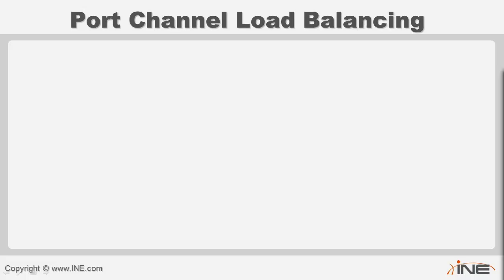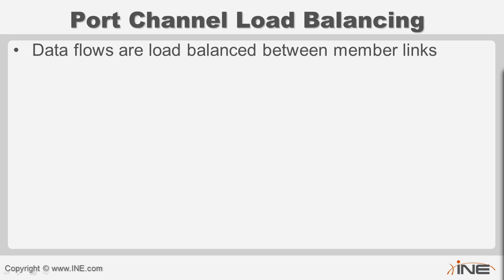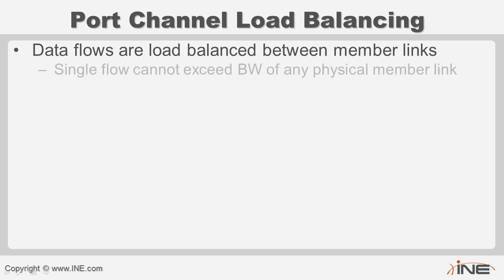Now, one of the caveats that is not really specific to Nexus, that really has to do with any platform that's doing port channeling, but we will see the end effect of this when we're talking about it within NX-OS, is that the data flows that are actually going over the channels, of course, somehow need to be load balanced between the links.